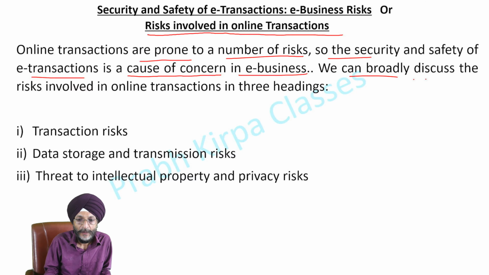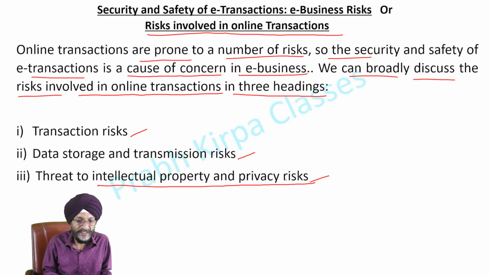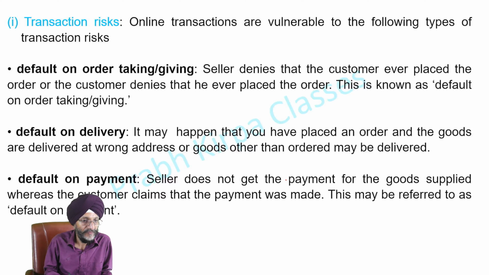We can broadly discuss the risks involved in online transactions under three headings. First is transaction risks, second is data storage and transmission risks, and third is threat to intellectual property and privacy risks. First is transaction risks.